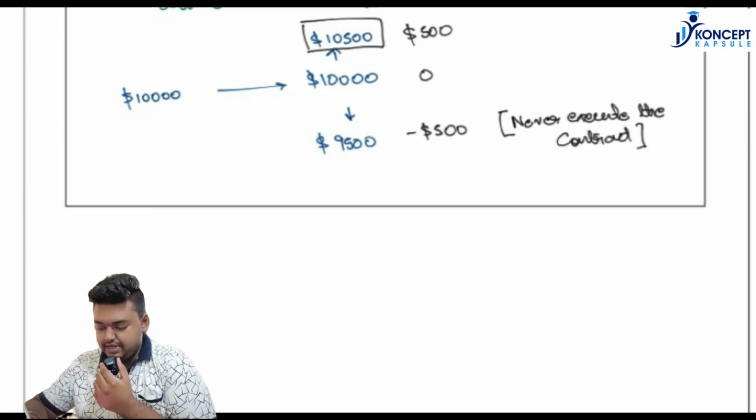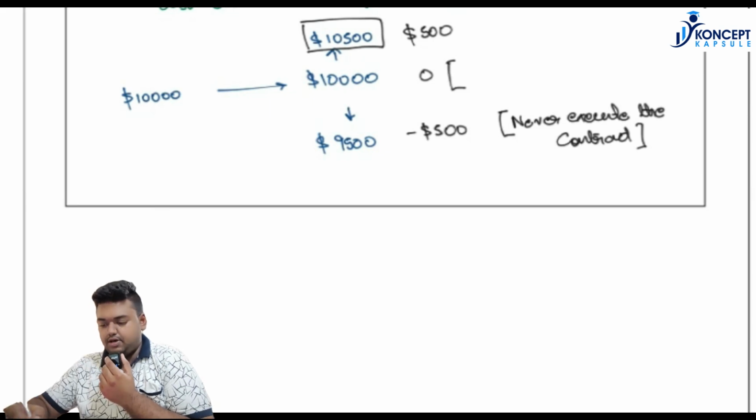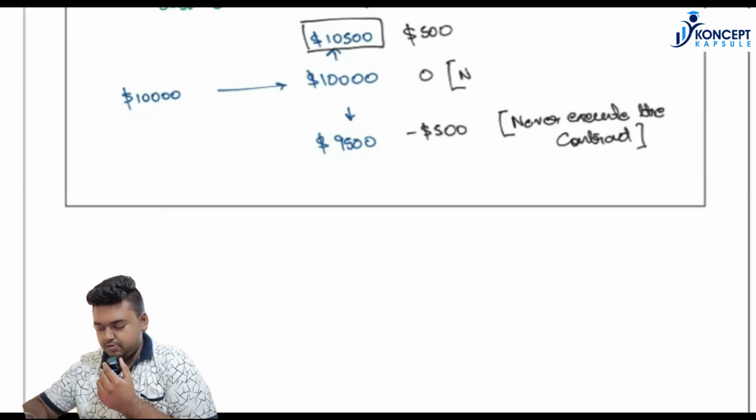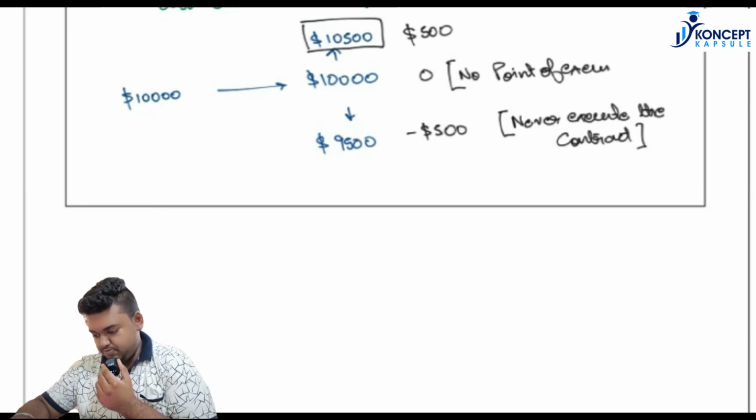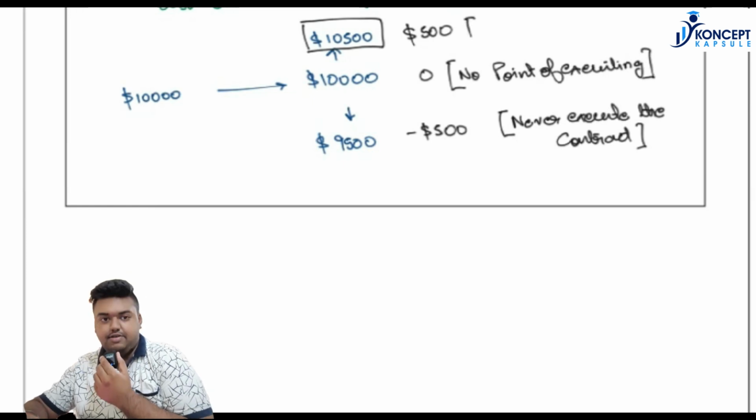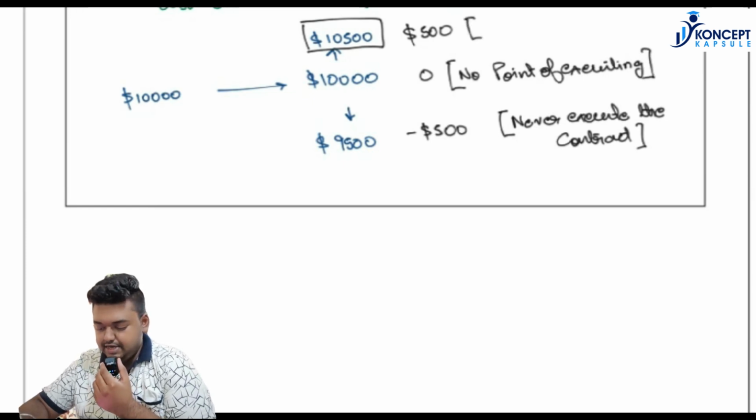When it is zero, there is no point in executing the contract. And when he is at a gain of 500, he will execute the contract. Yes or no?